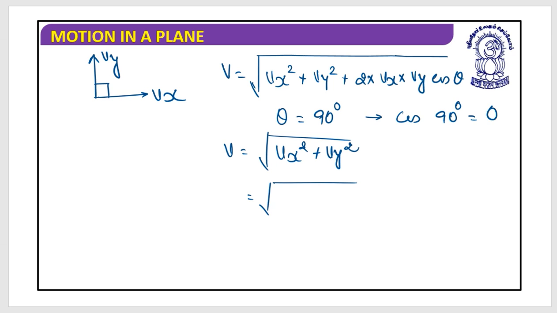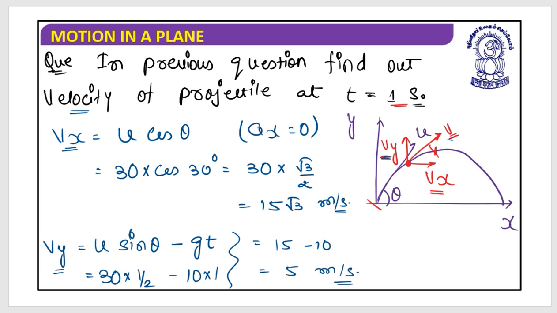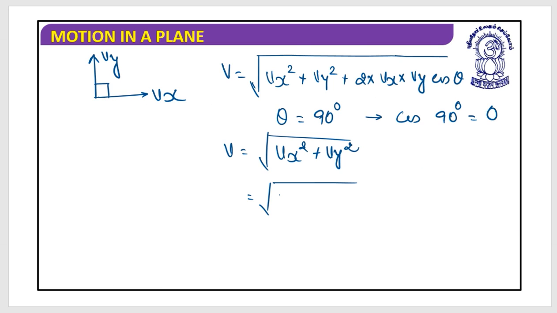So the velocity in x, Vx, was 15 root 3, so we take the square of 15 root 3, plus Vy, which was 5, so 5 square. If I make a square of 15, it's 225, multiplied by 3, it's 675, plus 25.